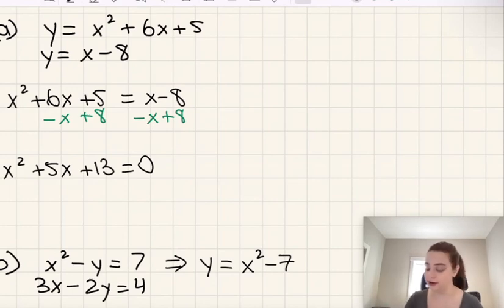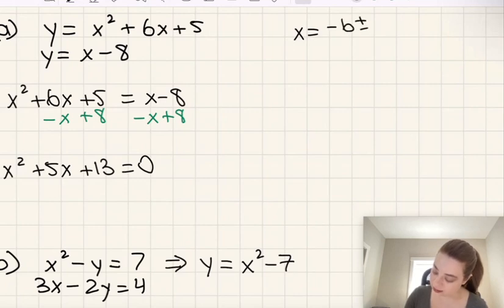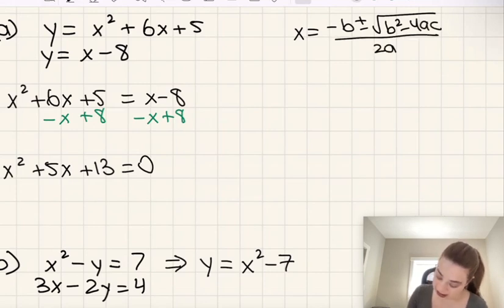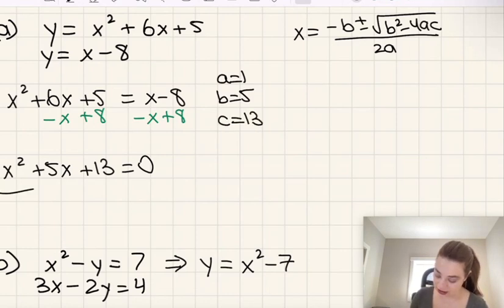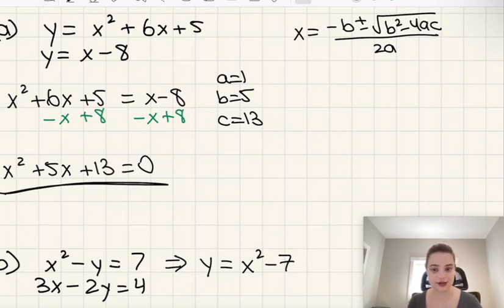As a reminder, the quadratic formula is that x is equal to negative b plus or minus the square root of b squared minus 4ac all over 2a. And in this case, a is 1, right, because a is the leading coefficient, b is 5, and c is 13, just looking at this equation and writing those numbers down.